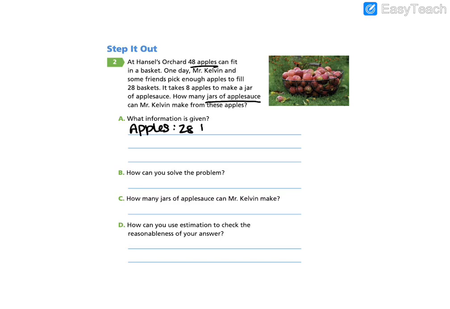We have 28 baskets of 48 apples. That's a lot of apples. And then to make jars, each uses 8 apples in one jar.